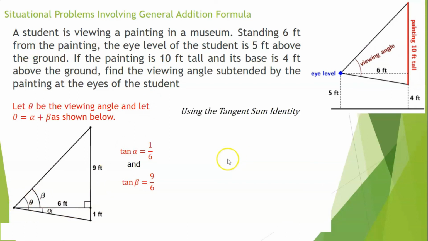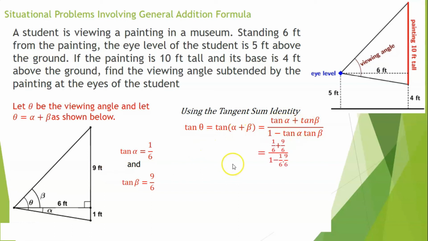So with this one, using the tangent sum identity or the tangent addition identity, we will have tangent theta is equal to tangent of alpha plus beta. So given this, let's substitute. Tangent alpha is 1 over 6, tangent beta is 9 over 6, over 1 minus tangent alpha, 1 over 6, times this one, 9 over 6.